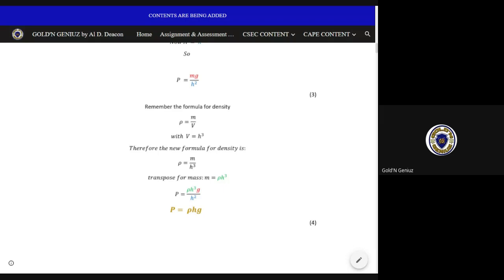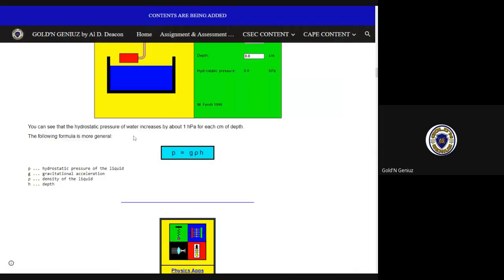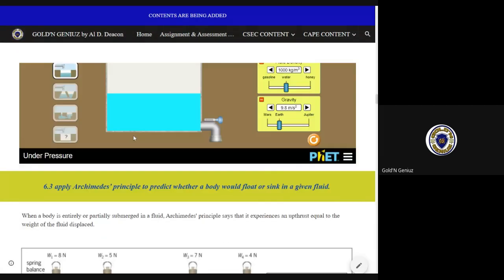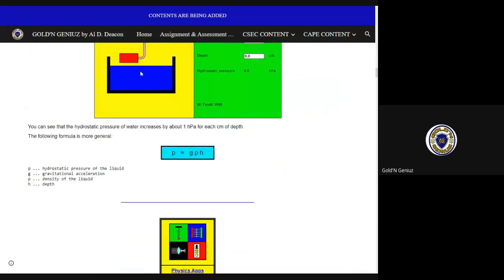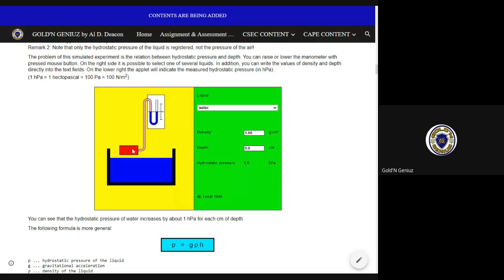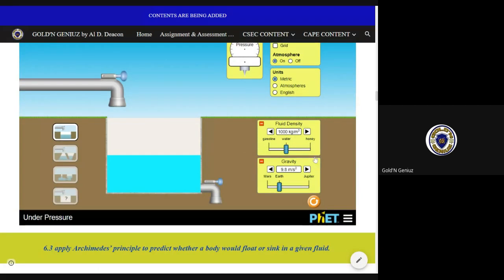And this can be seen right here. So what I'm saying, each fluid, so gasoline has a density of 700 kilograms per meter cube.